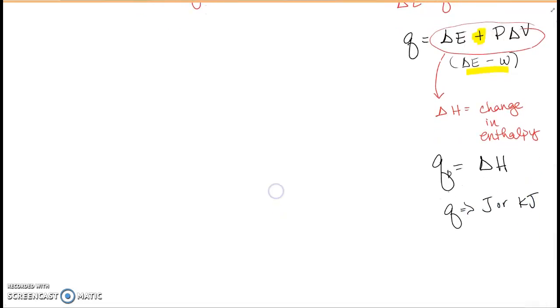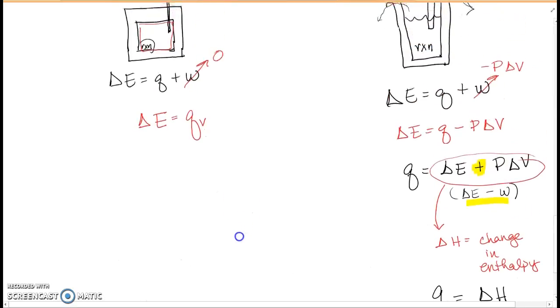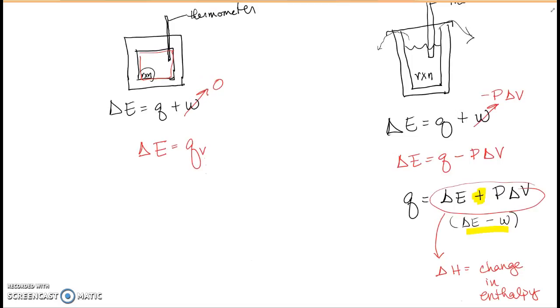The only difference you'll often see, although they are equivalent, is usually Q is in joules or kilojoules, and you'll often find that delta H's units are referred to more in joules per something, joules per mole, or kilojoules per mole. So that kind of wraps us up looking at energy, looking at work, and looking at some calorimeters that are going to be used for measuring changes in energy. Next thing we're going to look at are some equations to know, but that will be next.